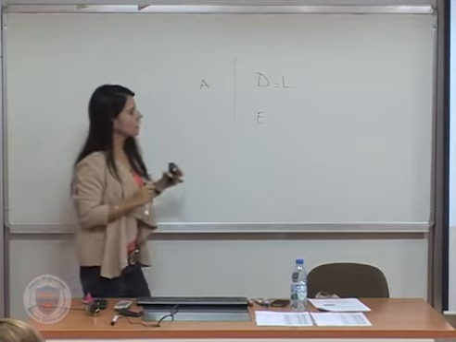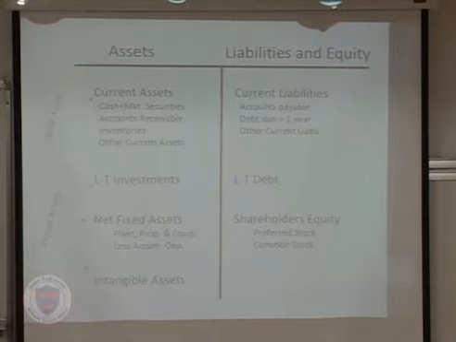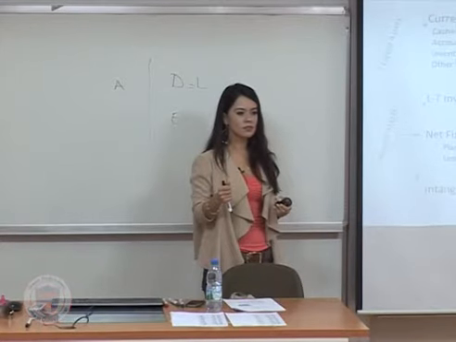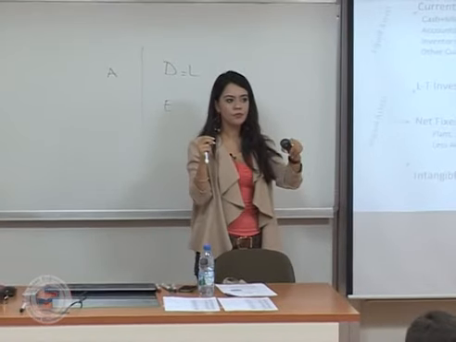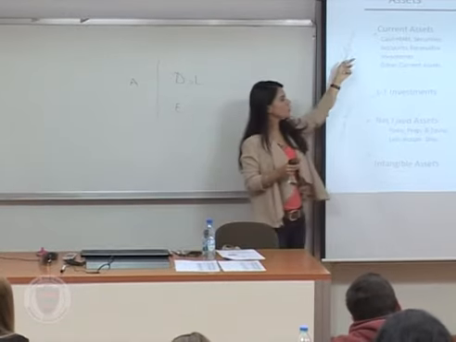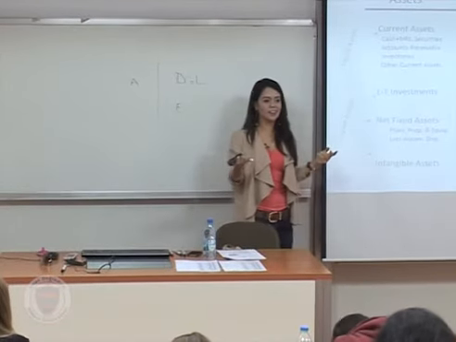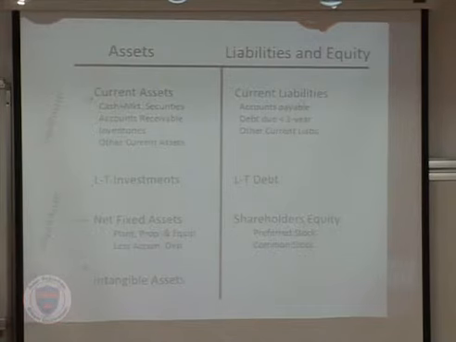Okay, when you look at the balance sheet, here on the left-hand side, we have the current assets. These are the most liquid ones. What is liquid? Easily turned into cash. Exactly, easily converted into cash. And of course, cash is the most liquid thing. Cash and marketable securities. Then we have accounts receivable.